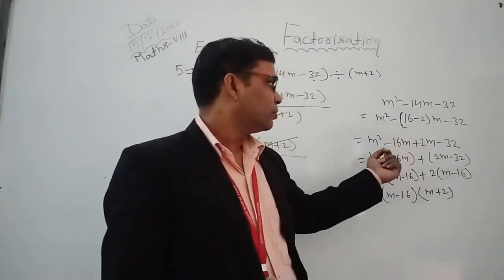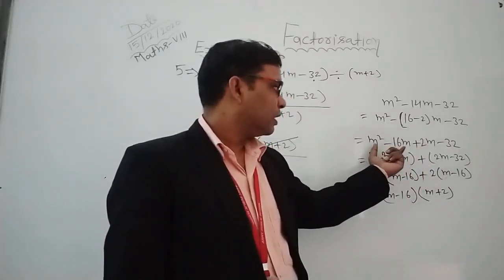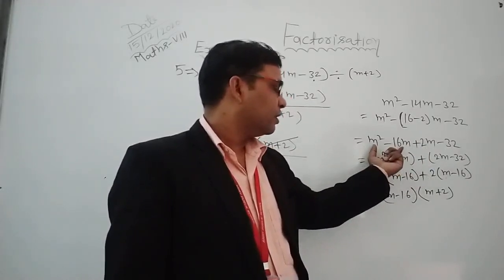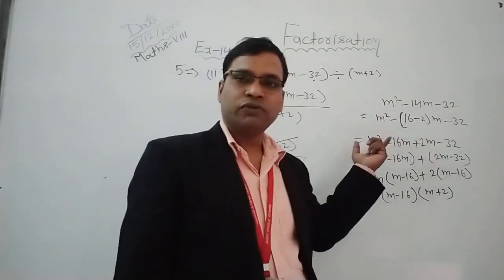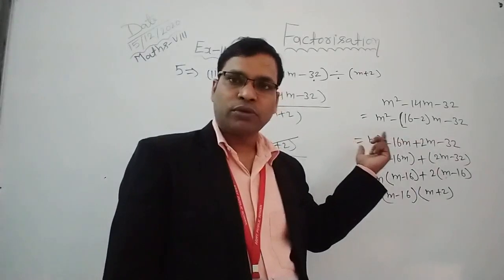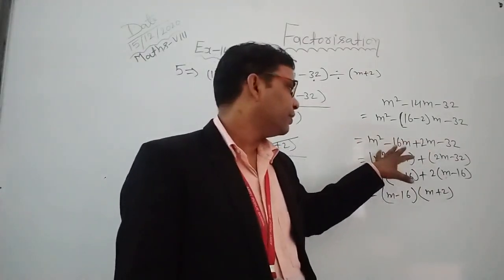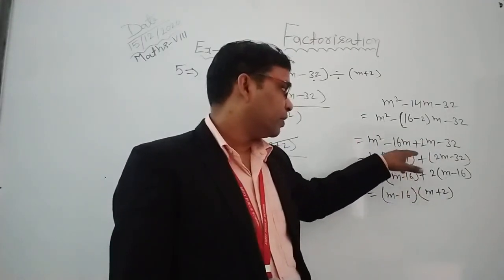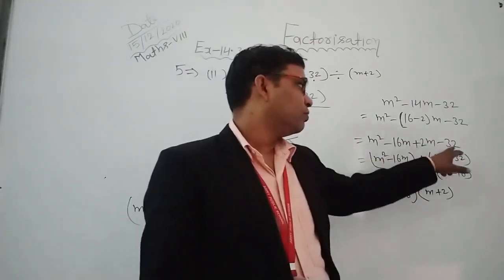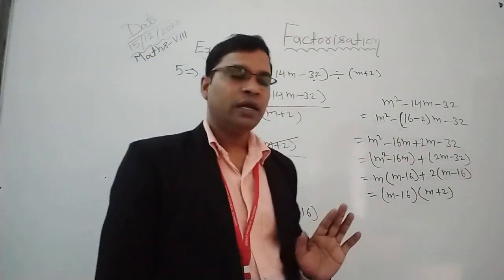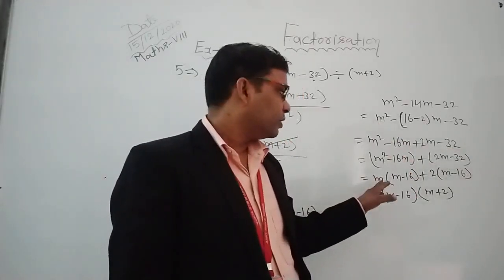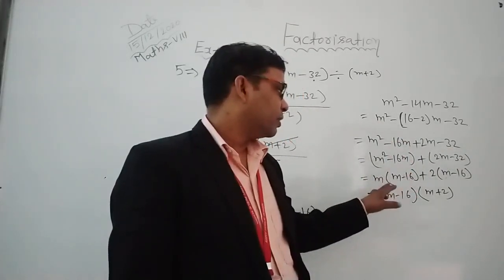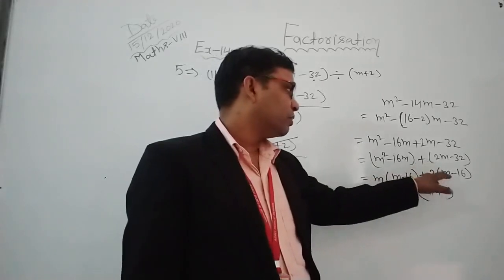After this we write it in groups, because in four terms, as you can see, this polynomial has no common factor. So we write it in two groups: the first two terms are the first group, the second two terms are the second group. In the first two terms we have common m, and in the second two terms we have common 2.